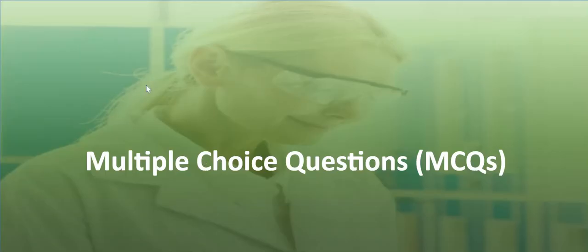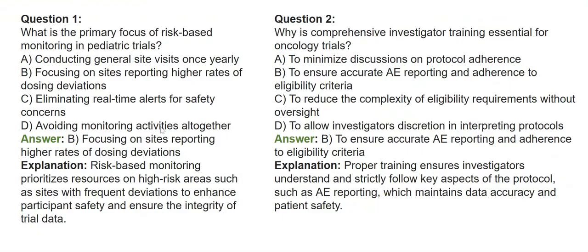Then we will be revising what we have covered using some MCQs, or multiple choice questions. Question 1: what is the primary focus of risk-based monitoring in pediatric trials? Is it A, conducting general site visits once yearly; B, focusing on sites reporting higher rates of dosing deviations; C, eliminating real-time alerts for safety concerns; or D, avoiding monitoring activities altogether?